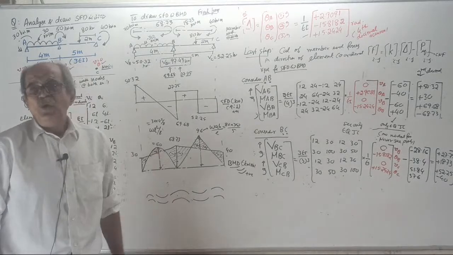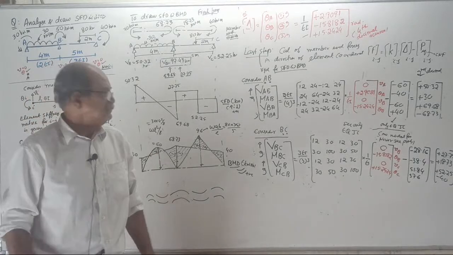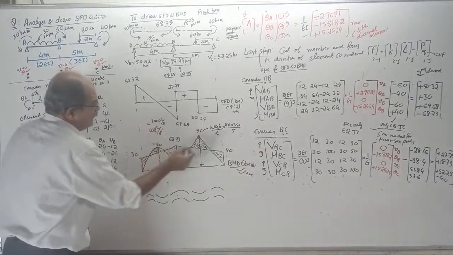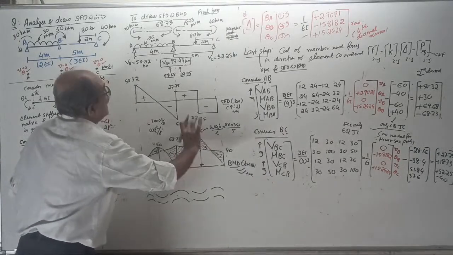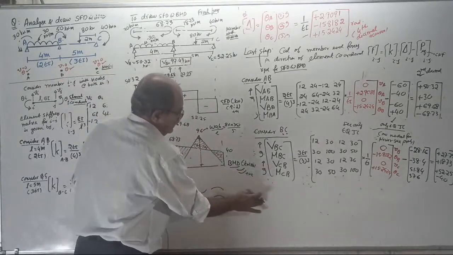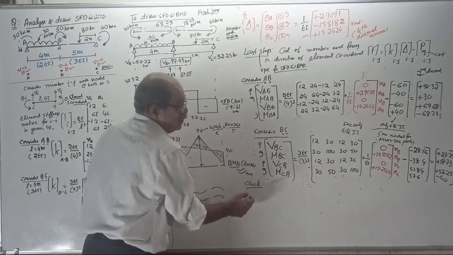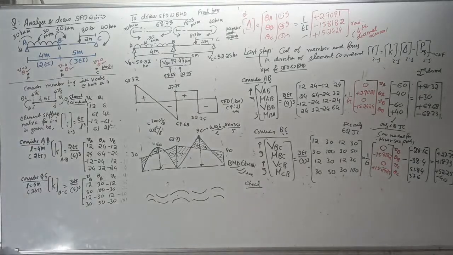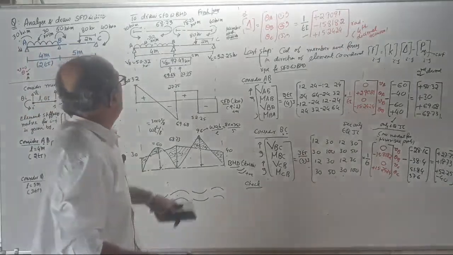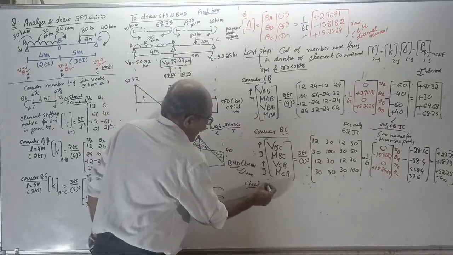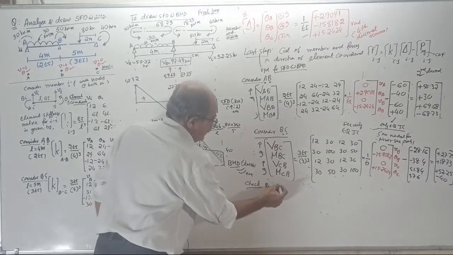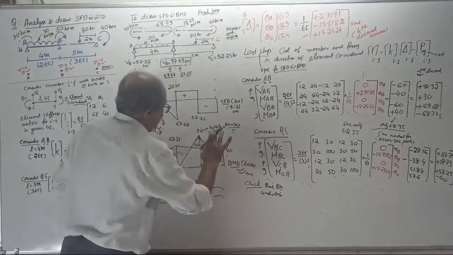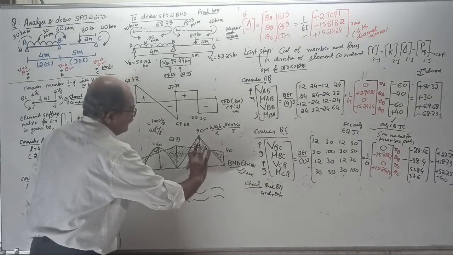Now, only for your information, if you want to check the net BM here. Unwanted, don't check. I am telling this only for those who want to learn the principle. The real BM under the 80 kN load is this full ordinate minus this ordinate.